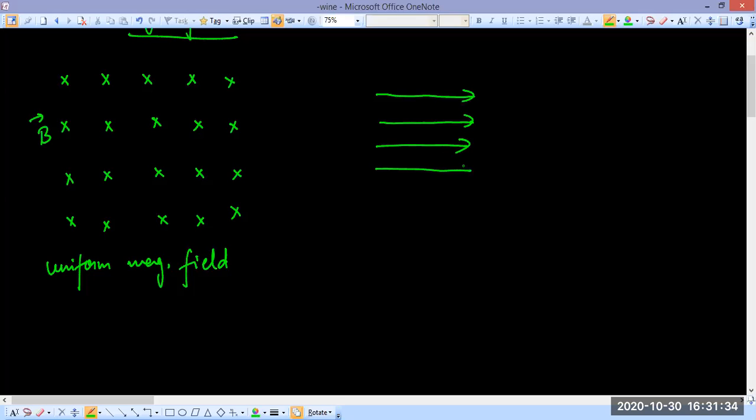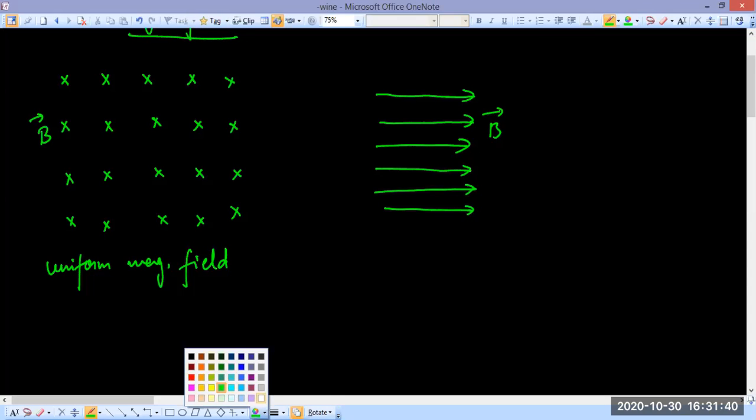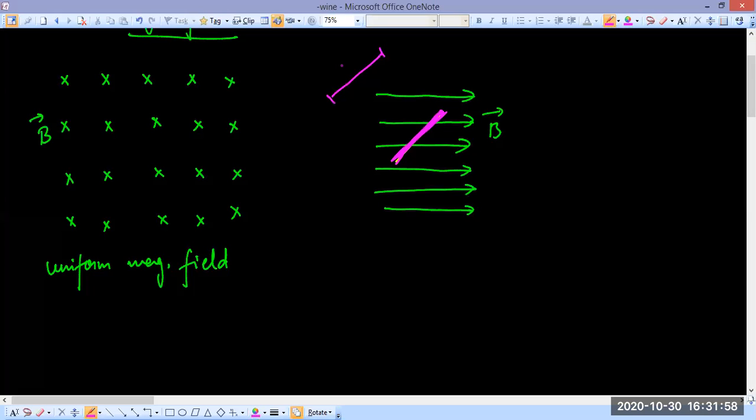So suppose this is uniform magnetic field, and inside this magnetic field we put some wire. Let's say that here we have put a wire of some length L. અત્યારે straight ભલે રહ્યો, પછી આપણે બધું કરશું.